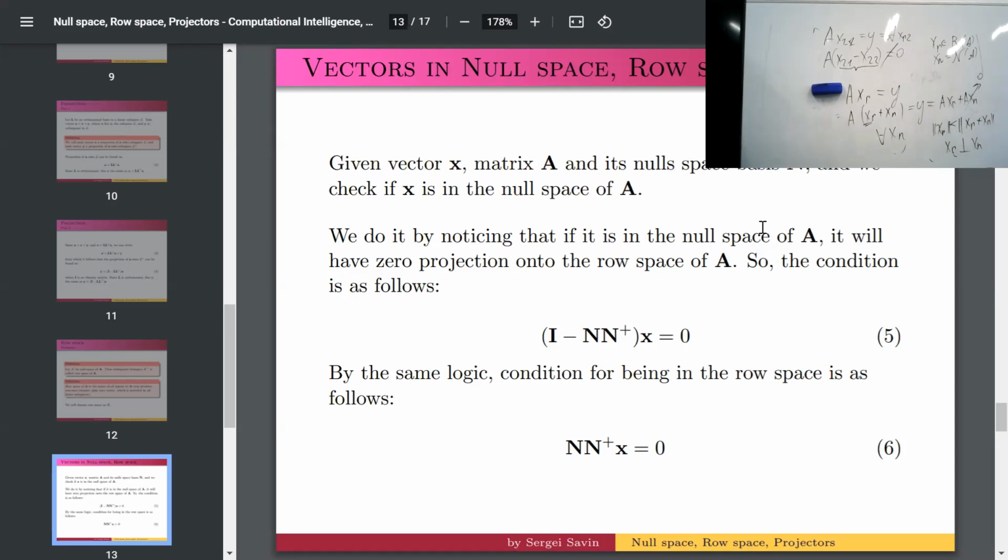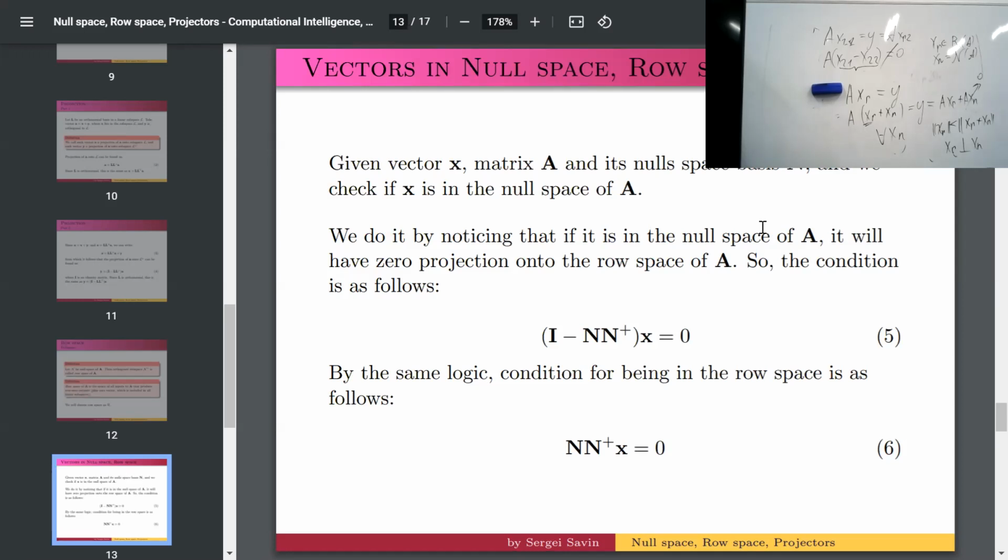Now, let us try to find the conditions for when a vector is in some space. So we have vector x, and we have matrix A and the null space basis n. And we want to check if x is in the null space of A. Well, what does it mean to be in the null space of A? It means that the projection onto the row space is 0, correct?